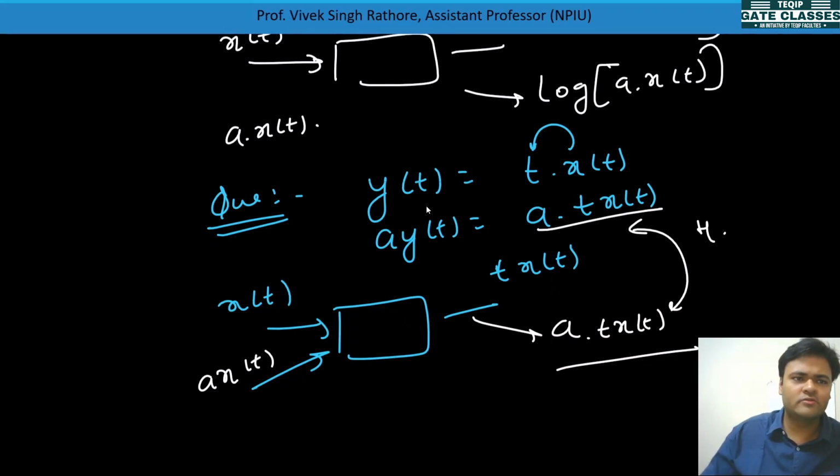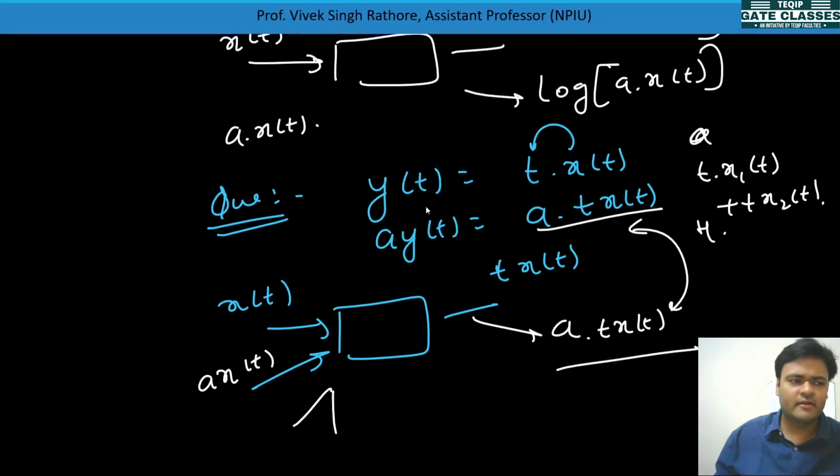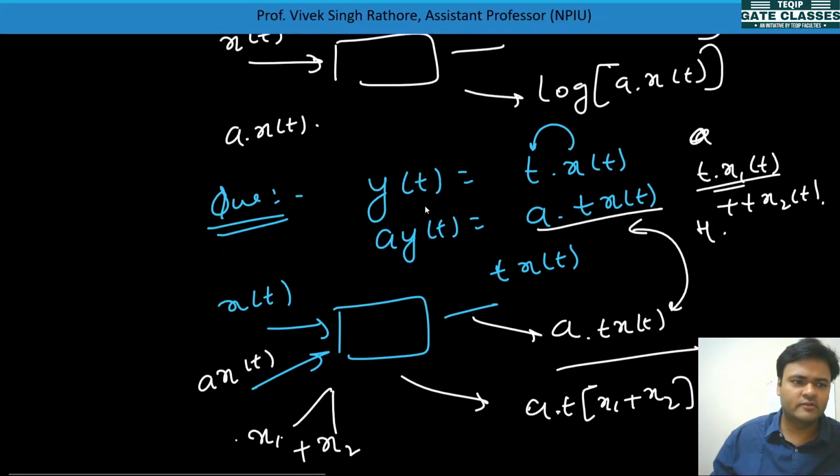And if you add also a into t into x1t plus t into x2t, this is y1 plus y2. If you give x1 plus x2 as input, you will get output as a into t into x1 plus x2, which is exactly t into x1 plus t into x2. You'll get it like this. So definitely it is satisfying both homogeneity and superposition. So this is also a linear system.